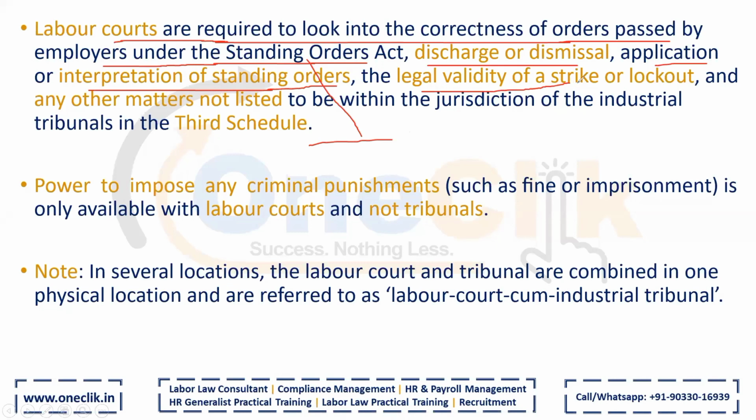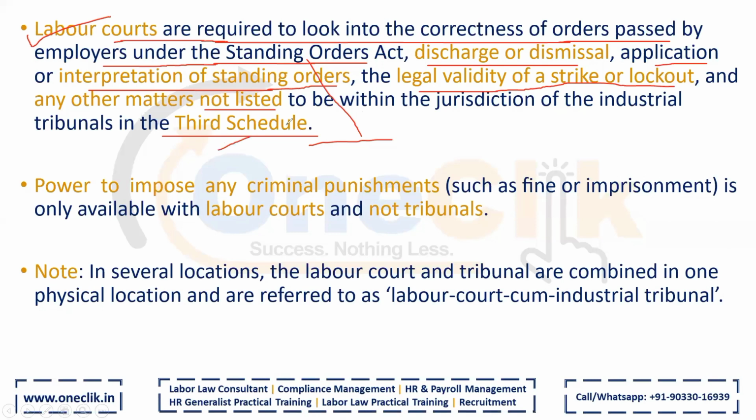validity of strike or lockout, and any other matters that are not listed within the third schedule of the ID Act, that all will come to the labor courts. Right? Which matters?